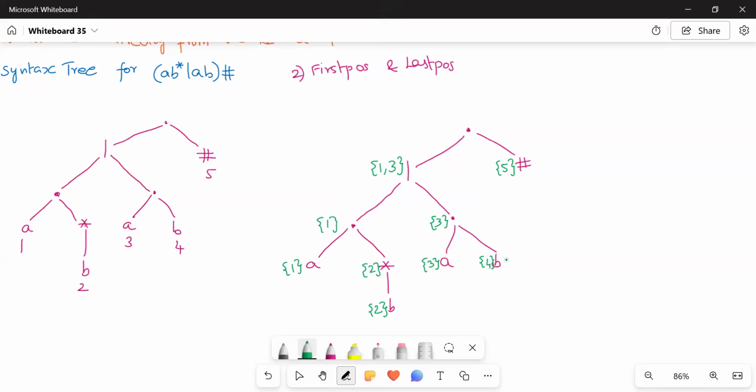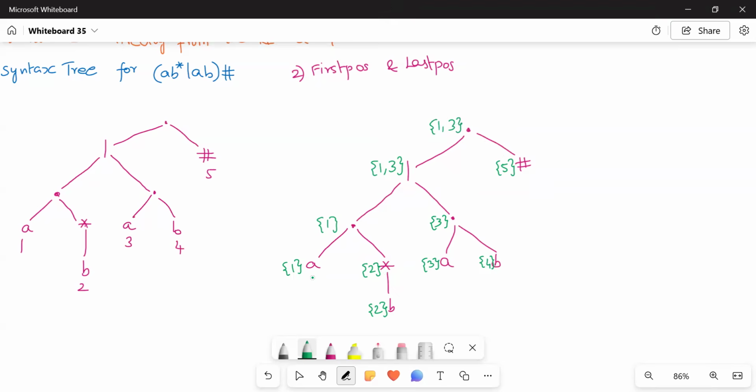We know that a leaf labeled by any symbol is not nullable. Since both are not nullable, according to the cat node rule, it is not nullable. This is also not nullable. So both C1 and C2 are not nullable for the union operator, and we can say this node is also not nullable. So for this cat node, nullable of C1 is false, which means the first position of this cat node is the first position of C1 alone. So 1, 3.